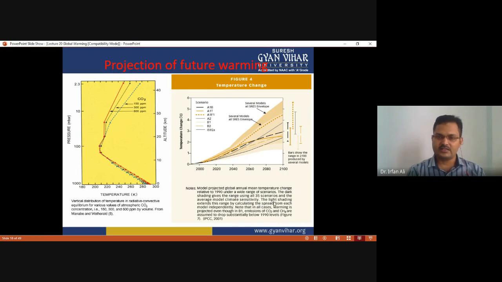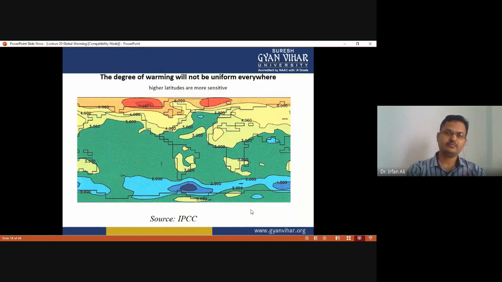The light shading extends this range by calculating the spread from each model independently. Both models clearly indicate that in the coming future, the global temperature will increase if we cannot work on the prevention and control of these greenhouse gases.